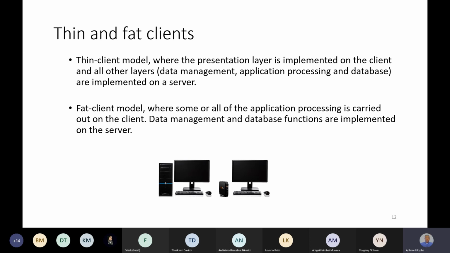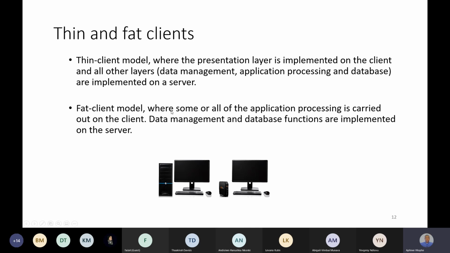Then we have the fat clients, which are the ones you normally see in a distributed system. As I said earlier, the one distinguishing factor between the typical client-server architecture and a distributed system is that there's localized processing, localized operating systems, localized memory and storage of data.